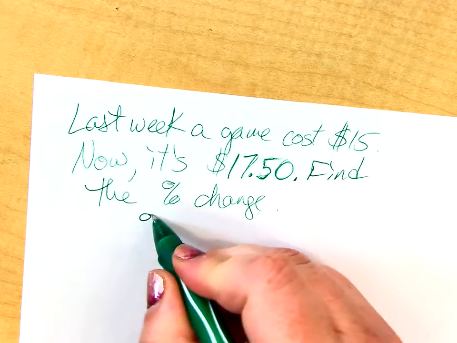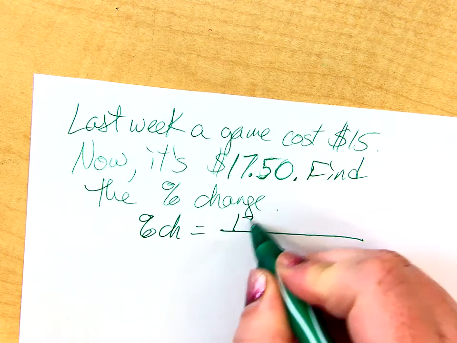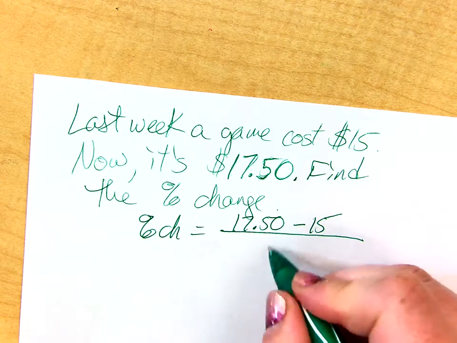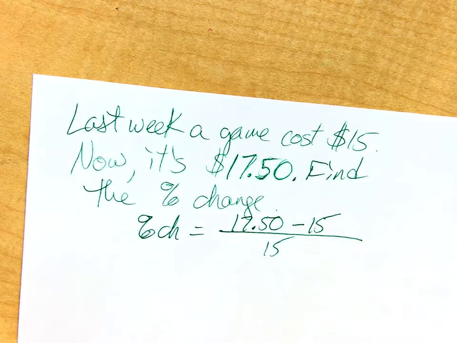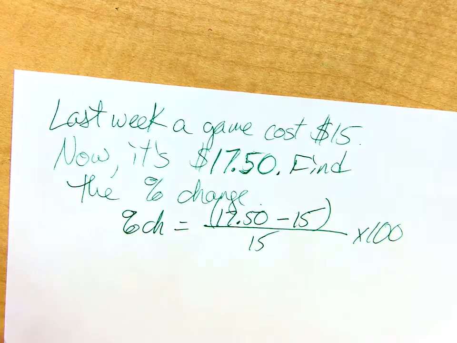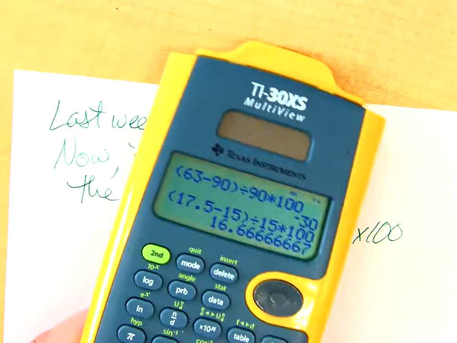So, percent change. The new amount is $17.50 minus the old, 15, divided by the old, 15. And I'm going to take that and times it by 100. Don't forget your parentheses right there. So as long as I do 17.50 minus 15 in parentheses, divide by 15 times 100. Yes, I agree.